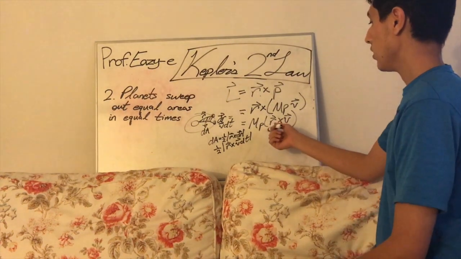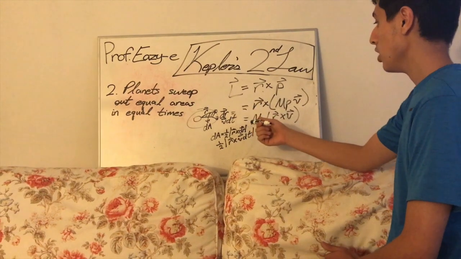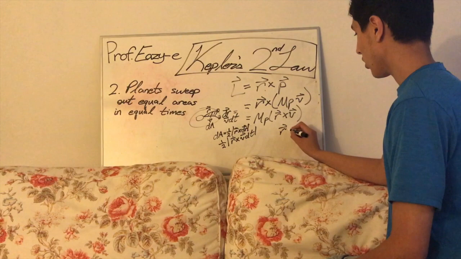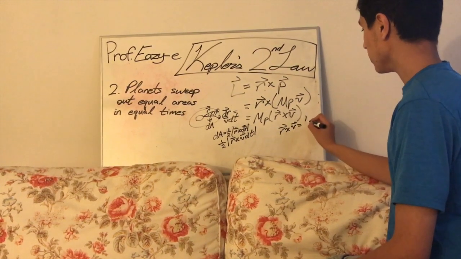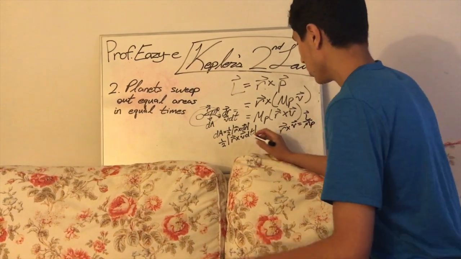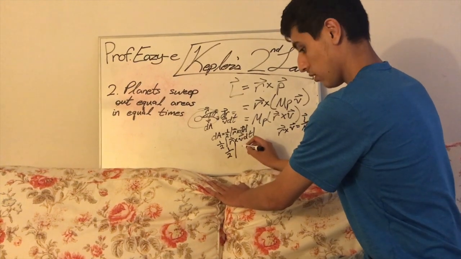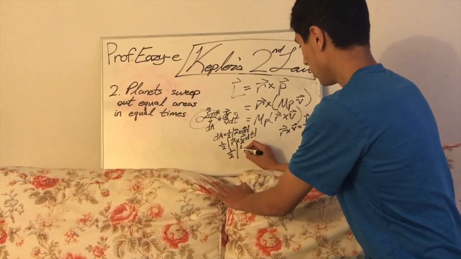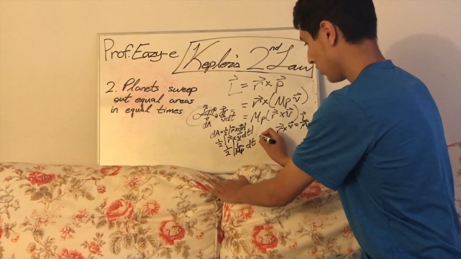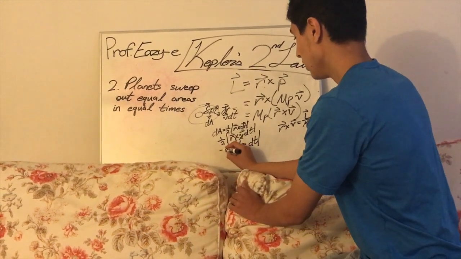But then we see here r cross v, which equals angular momentum divided by mass. If we divide by mp on both sides, we get r cross v equal to angular momentum over the mass of the planet, mp. So we can substitute that in right here, and we get 1/2 L over mp dt, and this is all equal to dA.